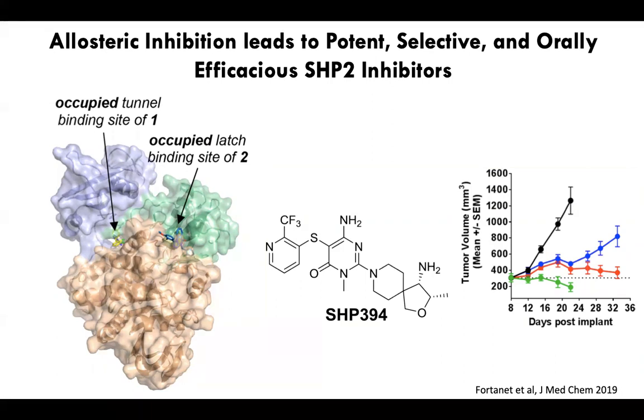And this study by Novartis actually showed that you can have simultaneous allosteric inhibition at two sites. And it was possible to develop allosteric modulator compounds with very good pharmacokinetic profile and selectivity, which has been a very challenging case for phosphatases.